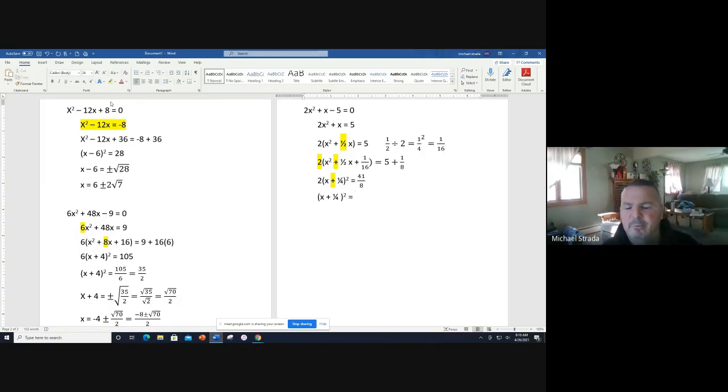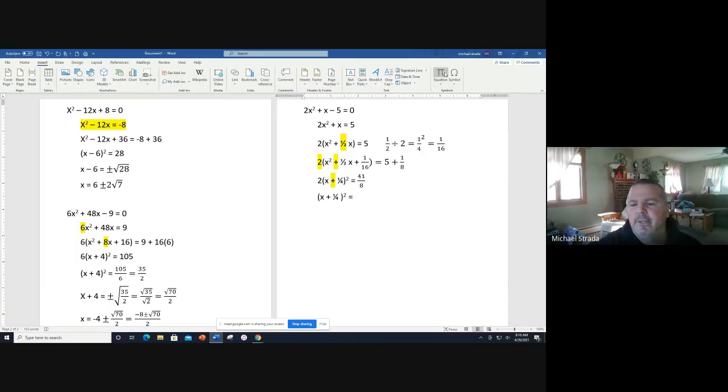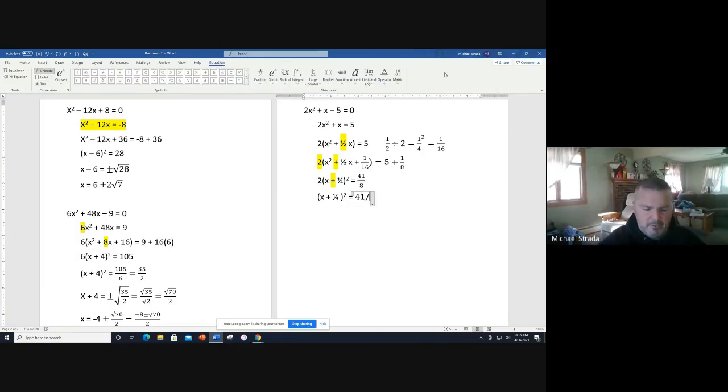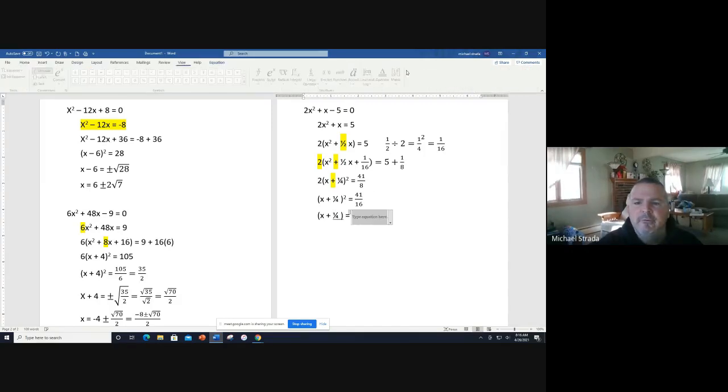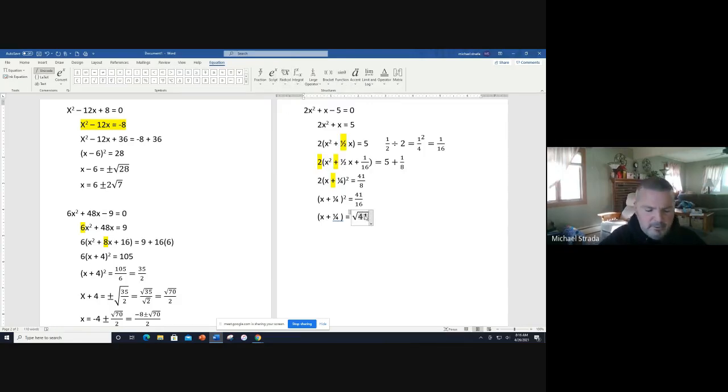Remember from when we worked with period of a trig function, when we divide a fraction by 2, we multiply the denominator by 2. If we multiply 8 by 2, we get 16, so that gives us 41 over 16. We're now going to take the square root of both sides. That'll give me x plus 1/4 equals the square root of 41 over 16.